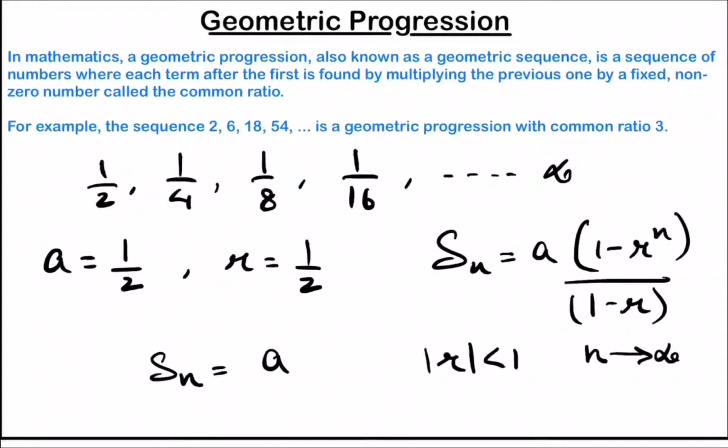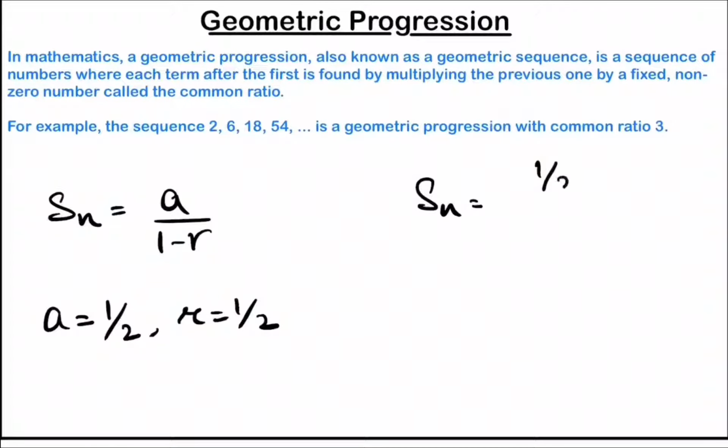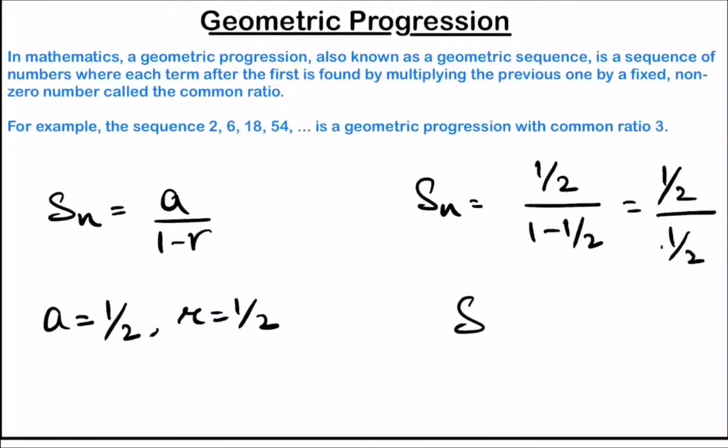Now if we substitute the values a = 1/2 and r = 1/2, we get Sn equals 1/2 upon 1 minus 1/2, which is 1/2 upon 1/2, and hence the sum of infinite terms of the series will be equal to 1.